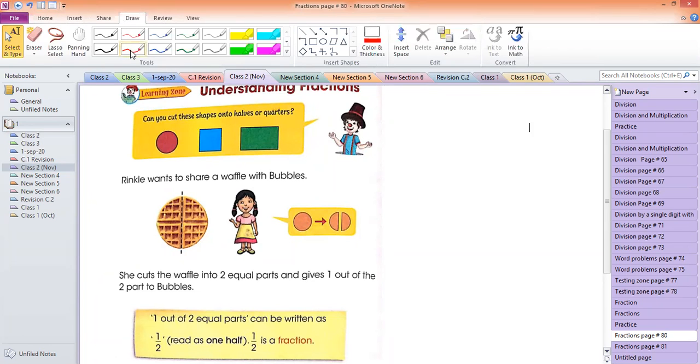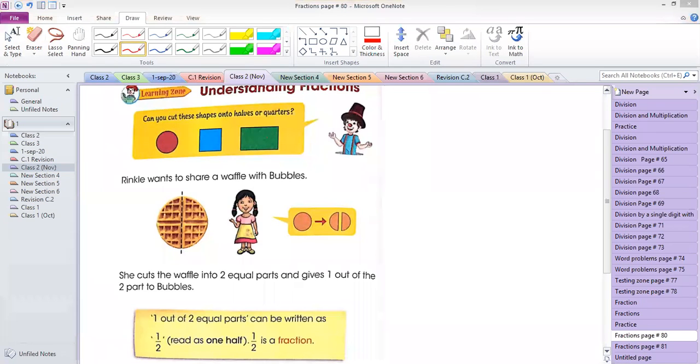Why do we need to cut? Because if we cut it from the middle, we have to cut in a way that we can divide it into equal parts. Yes, we can divide this circle, this square, and this rectangle also. So we can cut the shapes into halves or quarters.